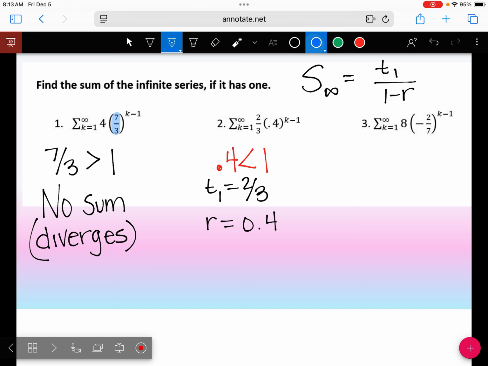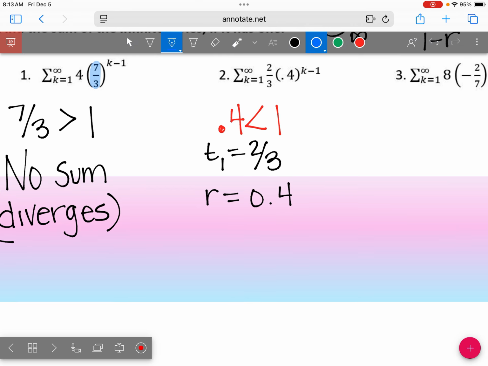So type it in your calculator. You would say the sum is equal to T1 divided by 1 minus 0.4. Go ahead, take a moment and type that in.